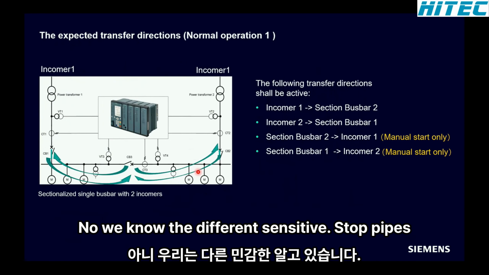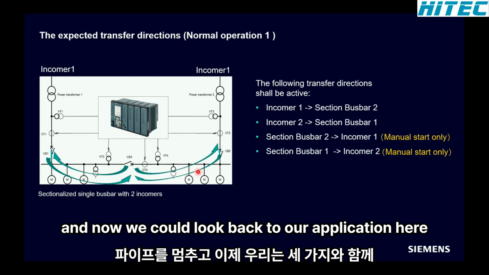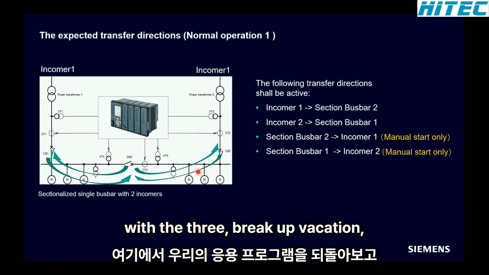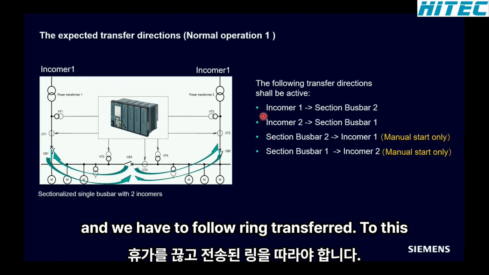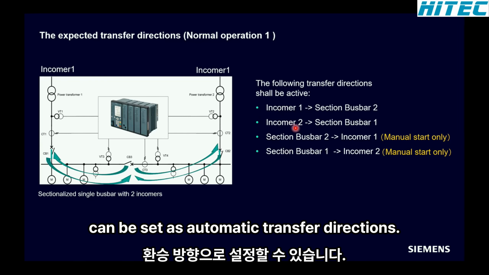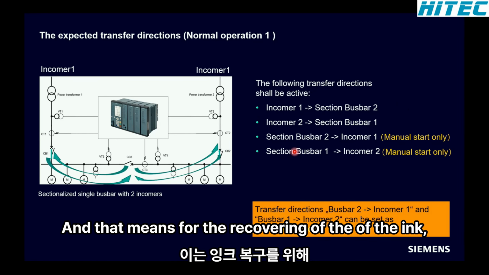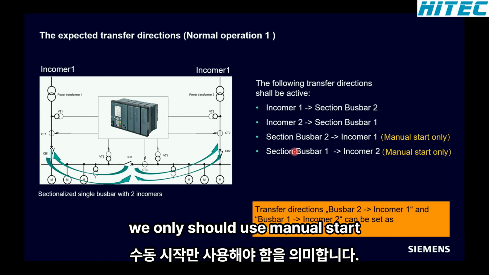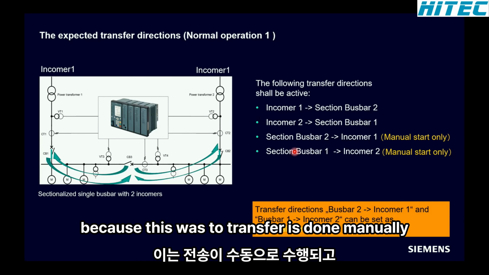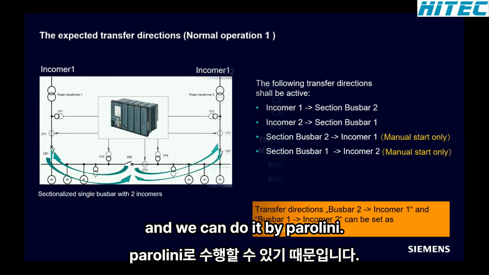So now we know the different sensitive start types, and now we can look back to our application here with the 3-breaker application, and we have the following transfer directions. These transfer directions can be set as automatic transfer directions and as manual start only transfer directions. That means for the recovering of the incomer, we should only use manual start, because this transfer is then done manually, and we can do it by paralleling.